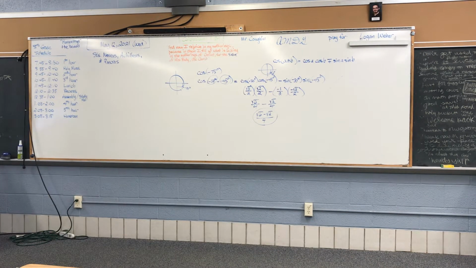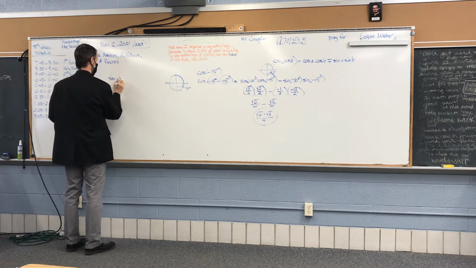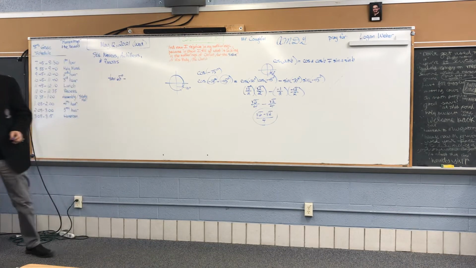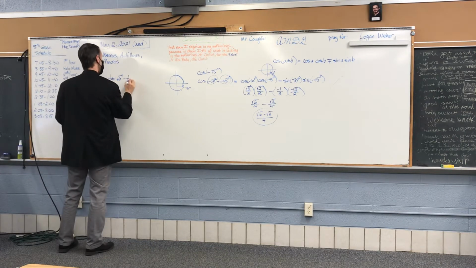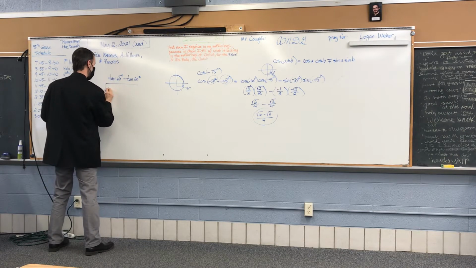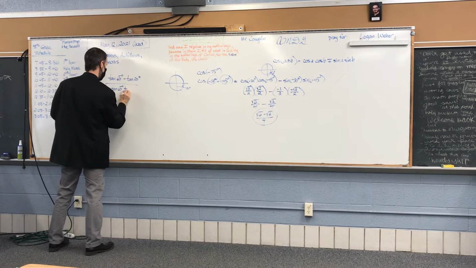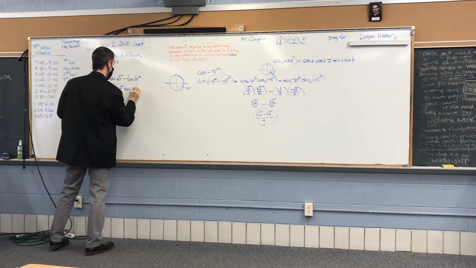Next. That's a good one. Any others? Yeah, Katie. Number 12. Tangent of 65 minus tangent of 20 degrees all over 1 plus tangent of 65 tangent of 20.